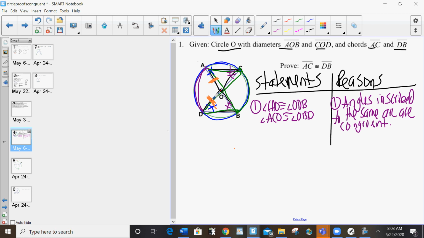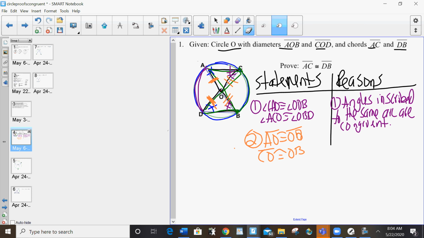So those must be congruent, and those are sides of the triangle. Similarly, CO and OB are also radii, so they must be congruent. So I can state that AO is congruent to OD. I could also state that CO is congruent to OB.